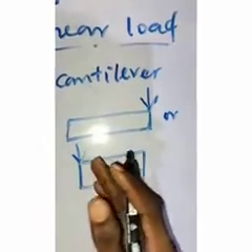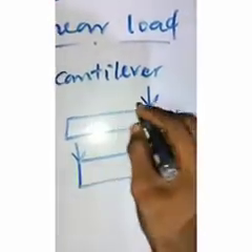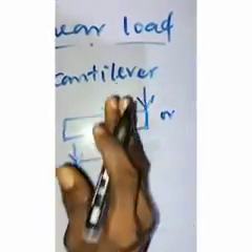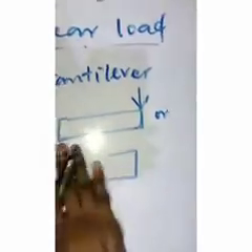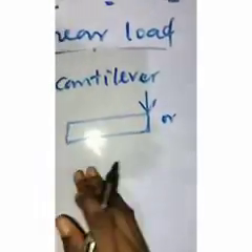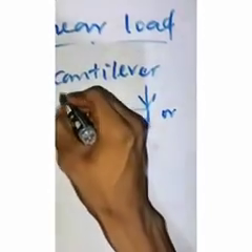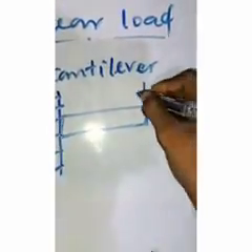Let's say this is a beam which is fixed or built at one end with a free end. So it is fixed like this, let's say imbedded in the wall. Now this is a cantilever.